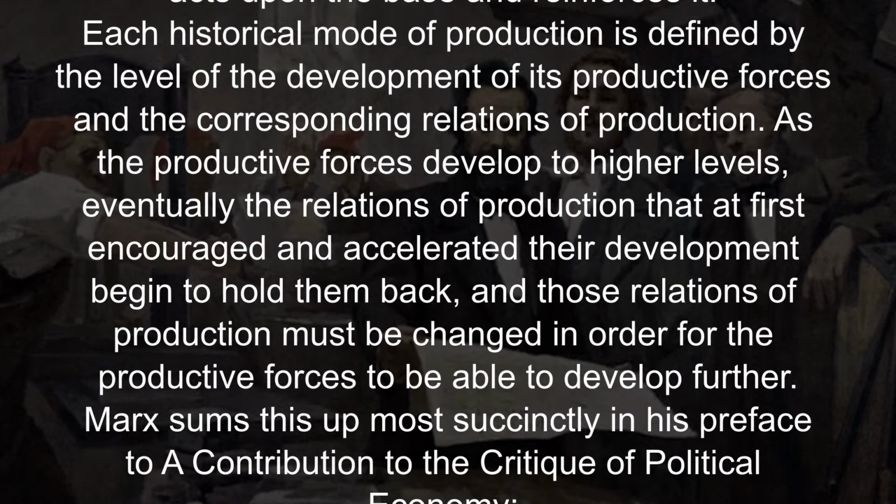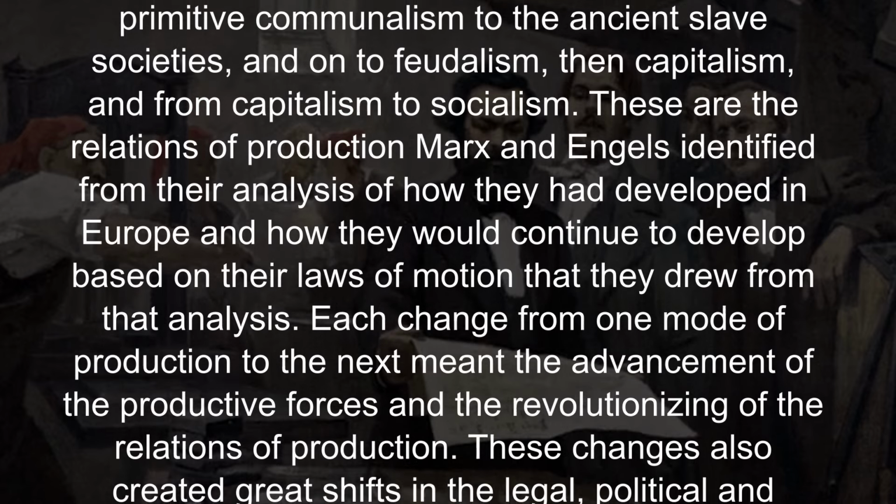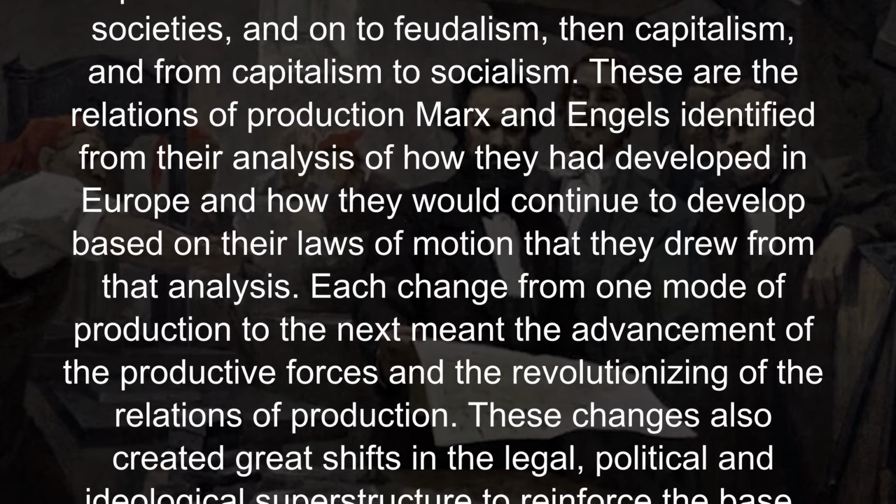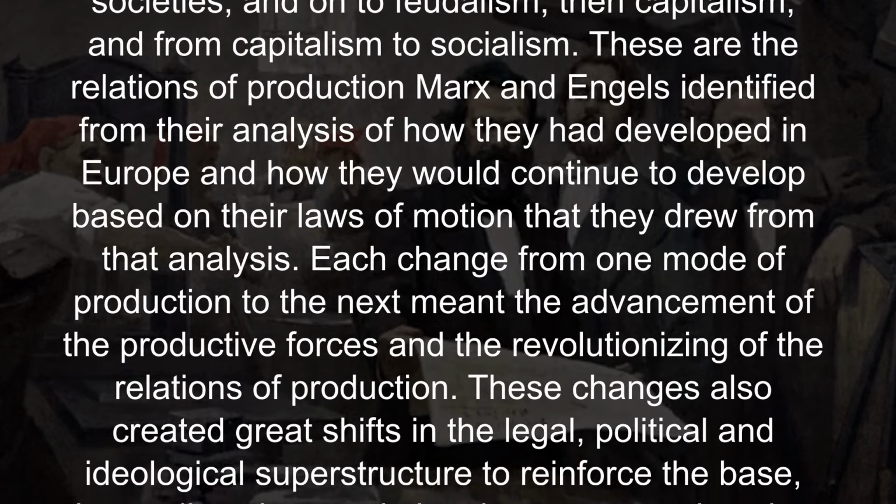As society's productive forces developed, so too did the relations of production develop from primitive communalism to the ancient slave societies, and on to feudalism, then capitalism, and from capitalism to socialism. These are the relations of production Marx and Engels identified from their analysis of how they had developed in Europe and how they would continue to develop based on their laws of motion that they drew from that analysis.